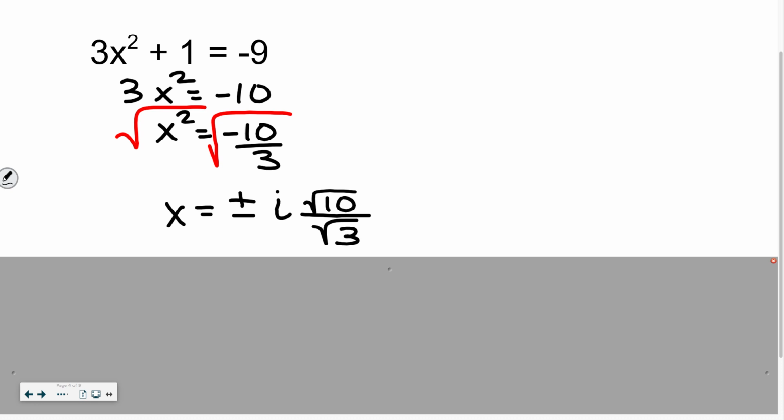It's called rationalizing your denominator. Making your denominator a rational number, not an irrational number. So we're going to multiply by the square root of 3 on the bottom and the square root of 3 on top. So we have plus or minus i square root 30 all over 3.